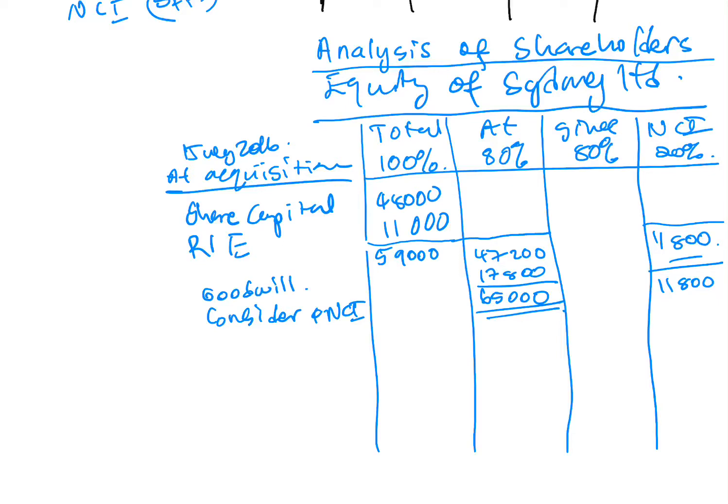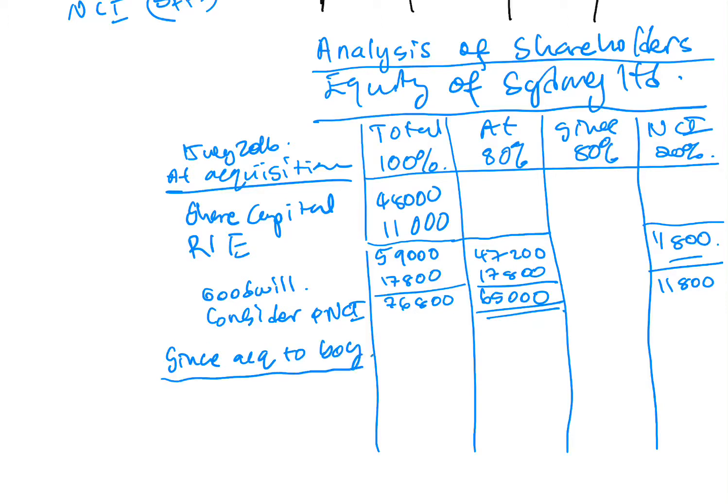So in the statement of financial position, go and put goodwill of 17,800. So go and add 17,800 under your non-current assets in your statement of financial position. Then the total will be 76,800.